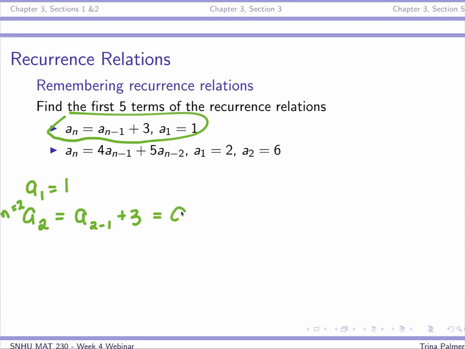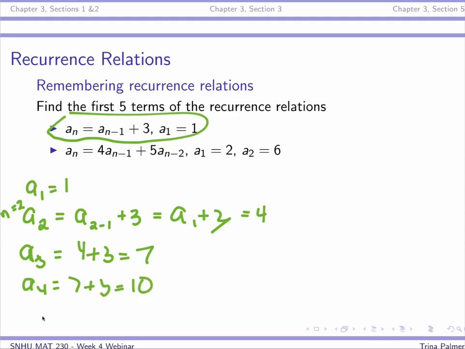Well, that's A sub 2 minus 1 is 1 plus 1. So another way to think about this is it's the previous term plus 3. So the previous term was 1, add 3, you get 4. So A3 would be your previous term, add 3, you get 7. And then A4 would be the previous term, add 3, and so on.